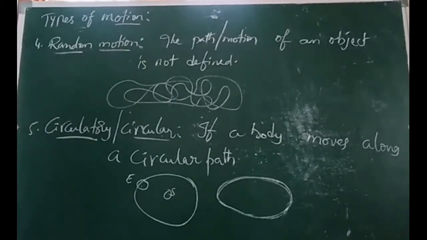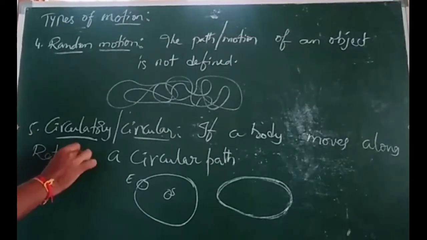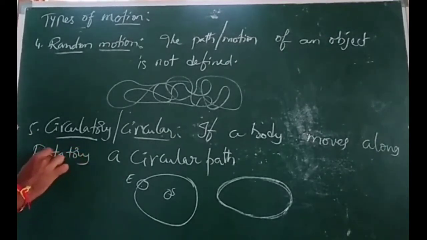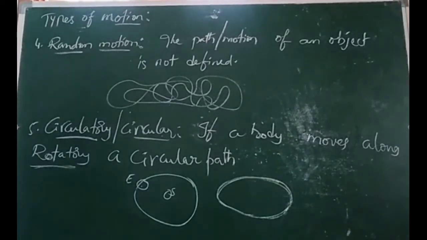But here in this 7th class, the circulatory motion and rotatory motion are given as one. But remember, in the higher sections the rotatory motion and circulatory motion are different.